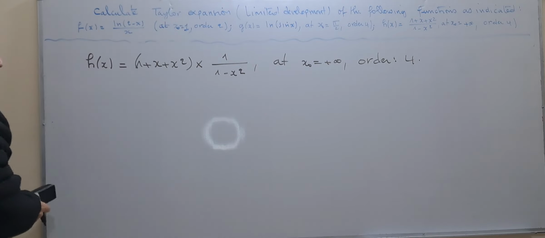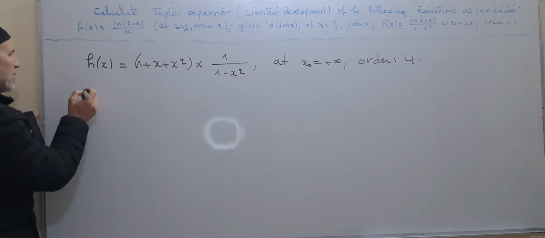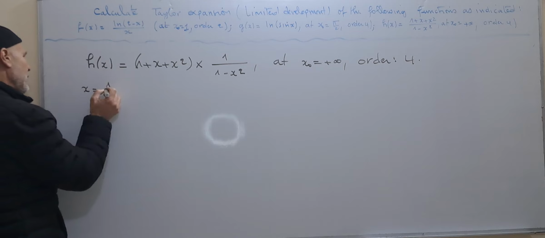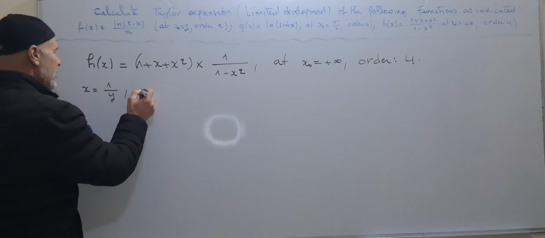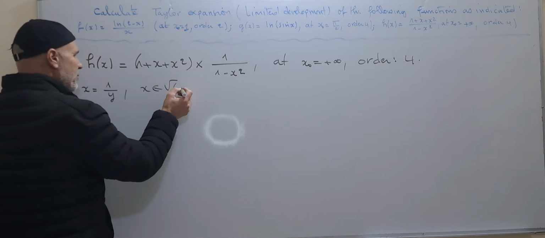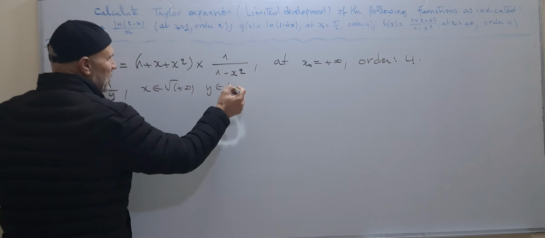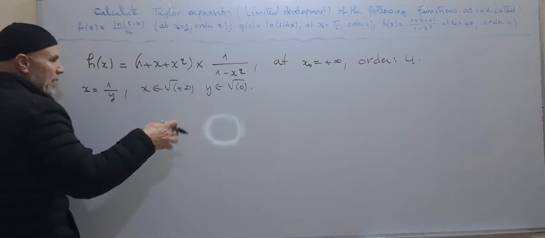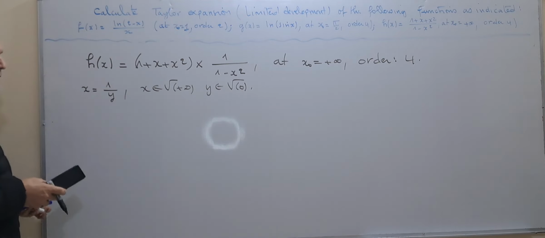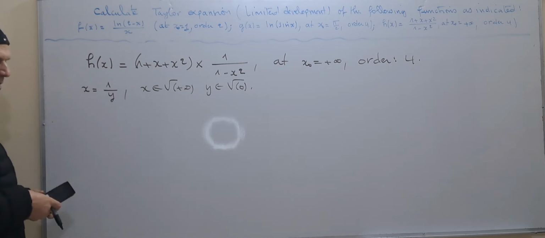Let us make here a change of variable. Let x be equal to 1 over y. When x is in the neighborhood of plus infinity, y is in the neighborhood of 0. So let us move to 0. We know and we recognize formulas for variables near 0.